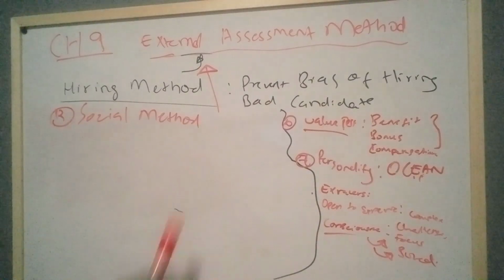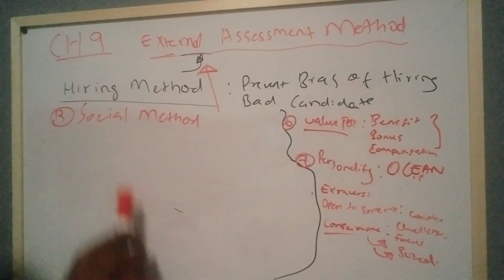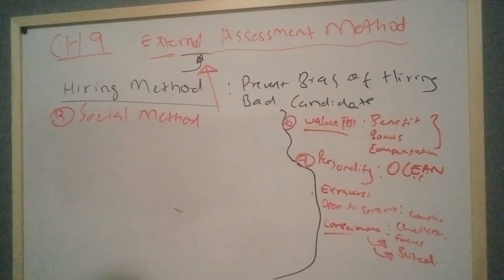That means they will use the social media assessment method to assess you. This is where you are going to give them the passwords of all of your social media, so that they can assess you in the company.